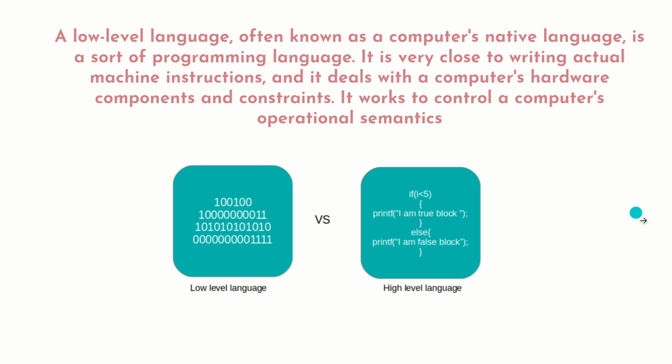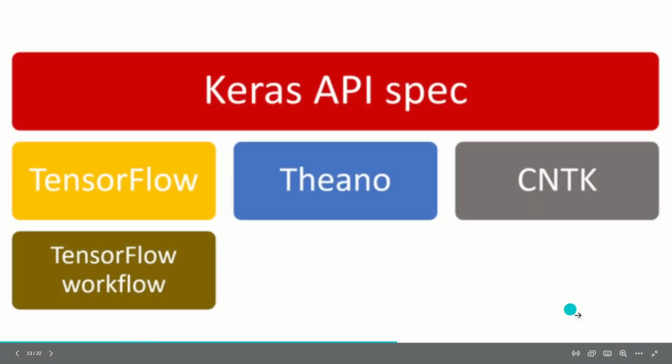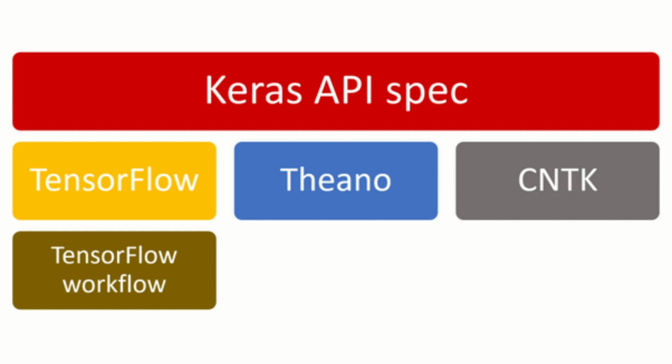So let's move on to the advantages. Keras supports multi backend, which means you can use any one of TensorFlow, CNTK, or Theano with Keras as a backend according to your requirement or convenience.